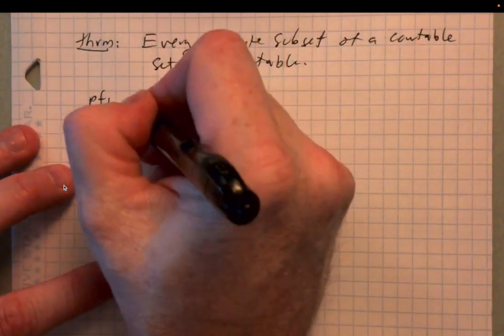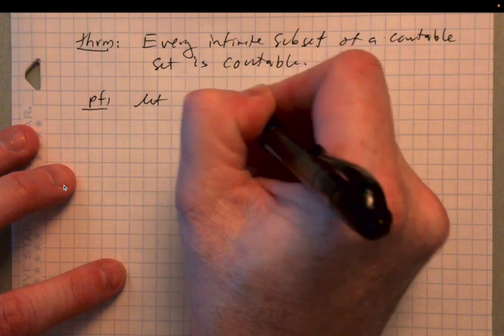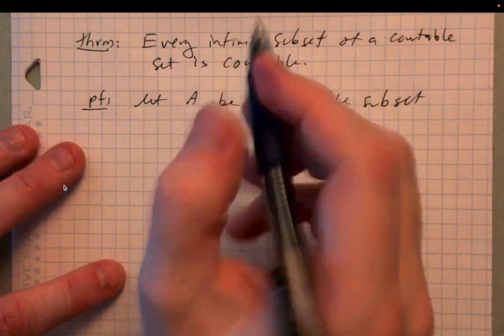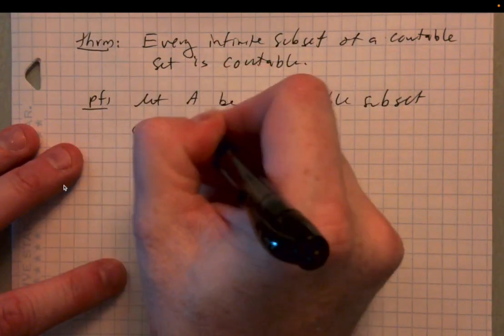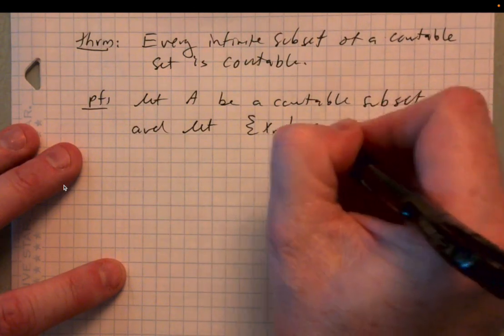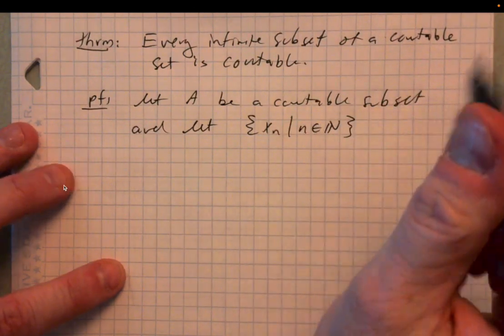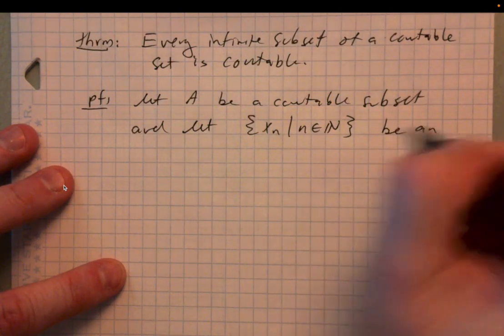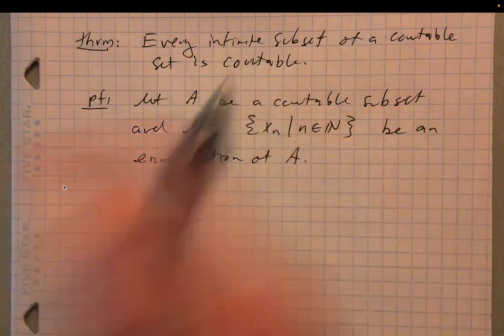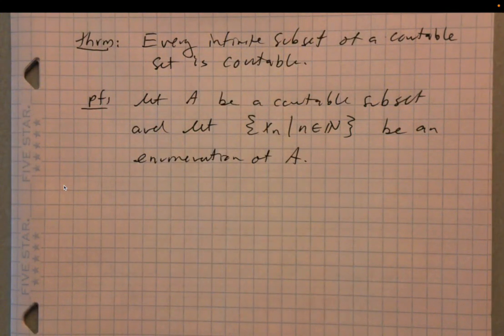We're going to let A be a countable subset, and let the set x sub n, n in the natural numbers, be an enumeration of A. So all this is that we took all the elements of A and we listed them and labeled them in accordance with the natural numbers, put them in some kind of a sequence.